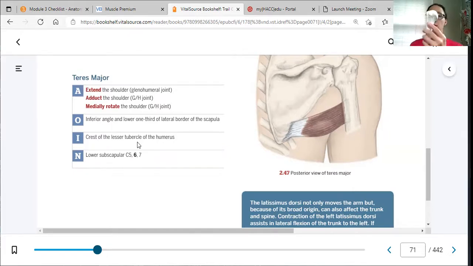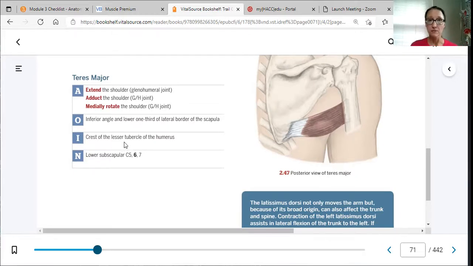If you remember, you had the greater tubercle and the lesser tubercle, right? Remember? And remember they each had a little crest, sort of, right? That came down off of the tubercles. So this is the crest of the lesser tubercle of the humerus.